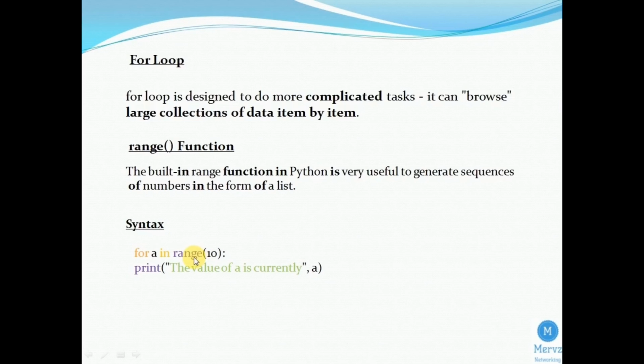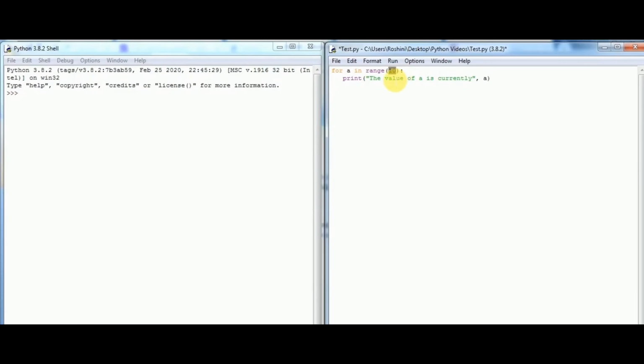The range function is responsible for generating all the desired values of the control variable. In this example, we have only one argument, 10, inside the range function. That means the loop has been executed 10 times and the last control variable value is 9, not 10, and it starts from 0, not from 1.